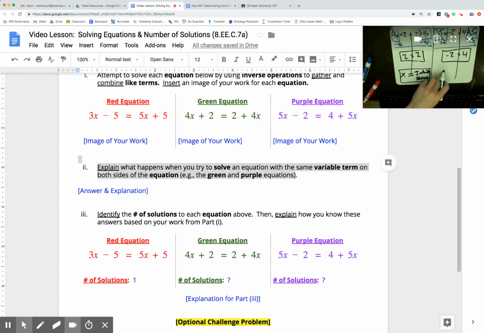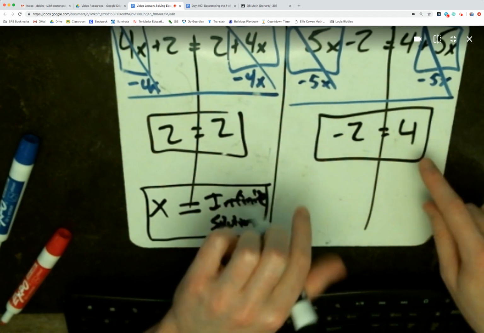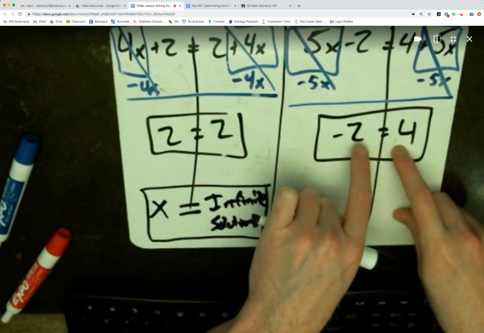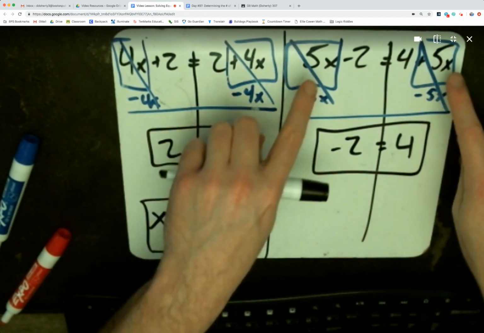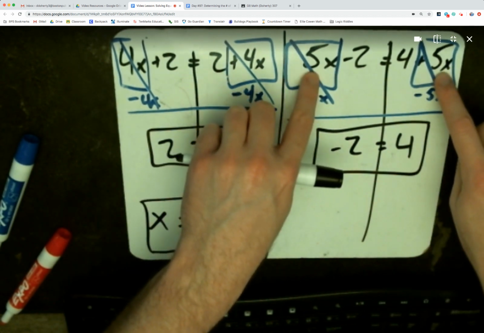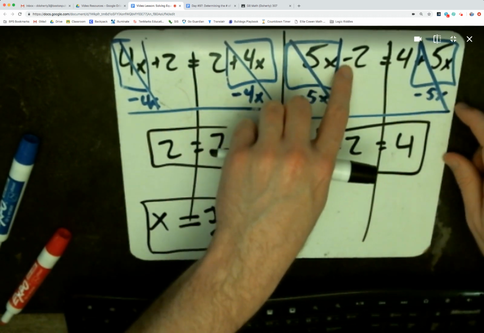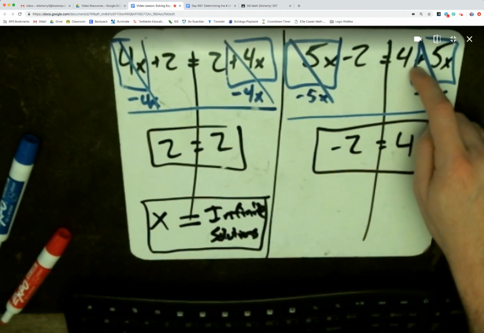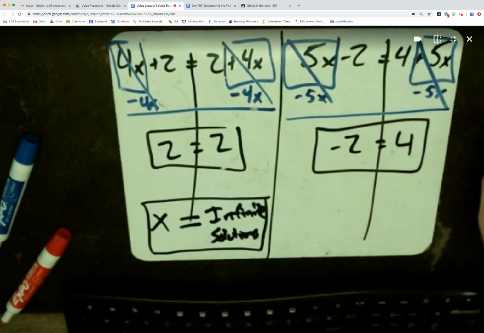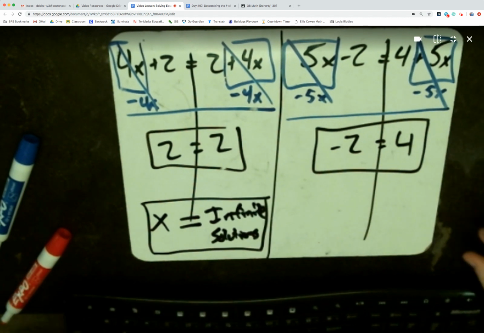The final one, the purple equation, shows us an example of the same variable terms on both sides, so again, the variable terms eliminate, but this time we're left with something that makes no sense, a false statement. The equation here is trying to tell us that no matter what you pick for x, on this side, you're going to have to subtract 2 from the term 5x. On this side, you're going to add 4 to that same term 5x, so they're never going to be equal to each other.